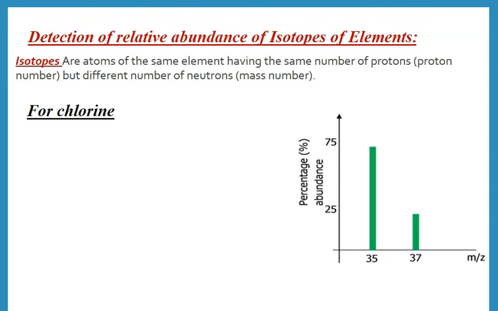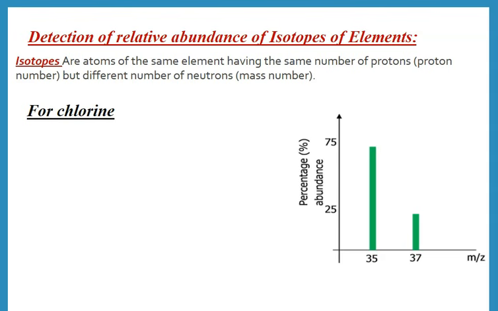From the spectrum, one of the isotopes for chlorine has a mass of 35, and the ones that have a mass of 35 have an abundance of 75%. That means that 75% of my atoms have a mass of 35. The other 25% of atoms of chlorine have a mass of 37. This is what my spectrum is telling me.